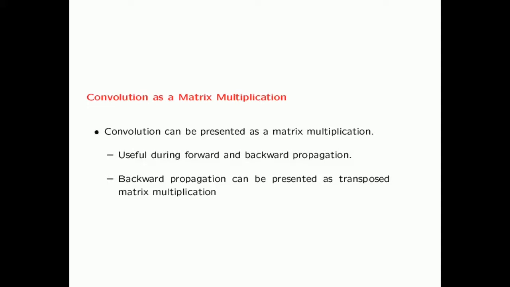Because for forward propagation, all you have to do is multiply a reshaped input layer with the matrix in order to get the elements of the next layer, and the backpropagation can be presented as a transpose matrix multiplication. This type of approach actually shows even more clearly why convolution is very similar to a matrix multiplication.